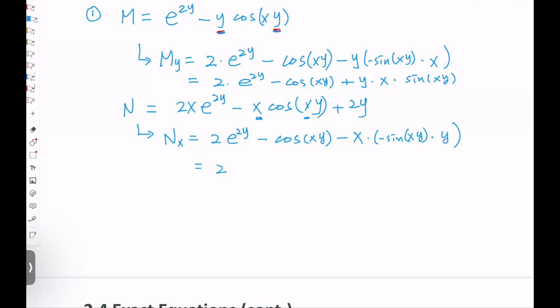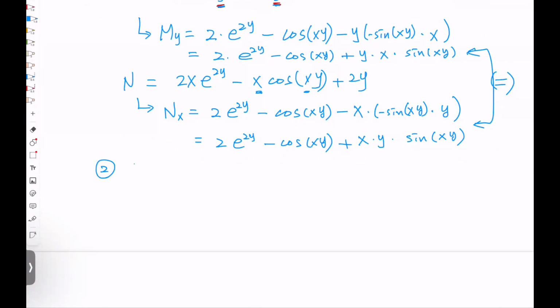So that is 2 e to the 2y minus cosine xy plus x and y and sine xy. So they are the same. So it is exact. That's the first step.